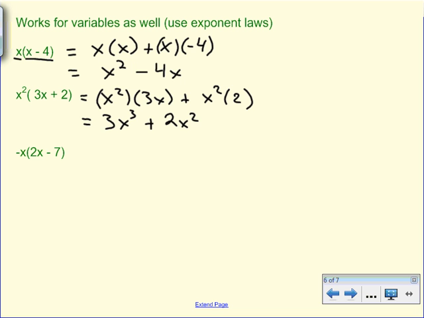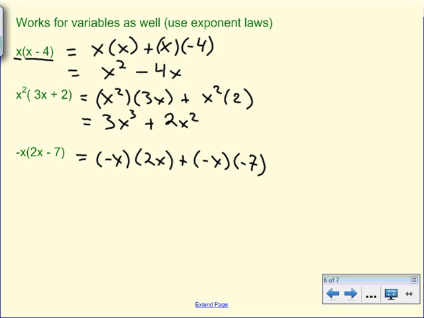Same thing here with the negatives. We always want to be careful with negative signs. They tend to mess us up if we're not paying attention. I have negative x, brackets are helpful here, times 2x plus negative x times -7. I always want to try and keep the signs together.